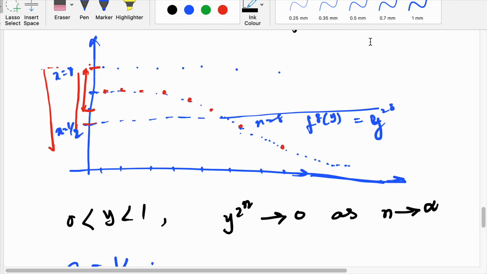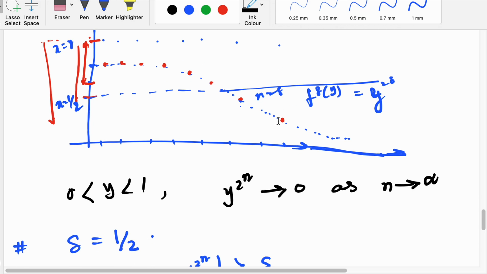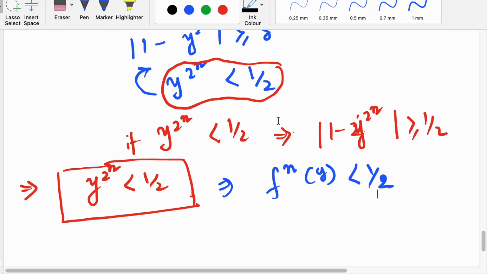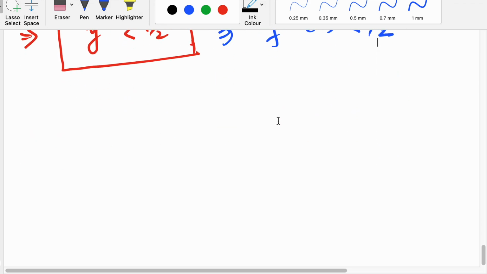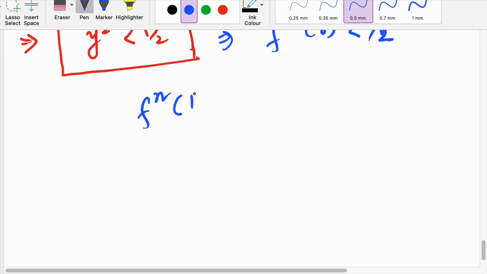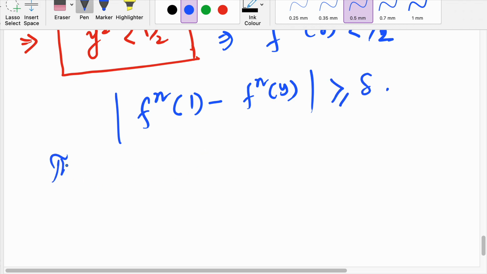So for any interval which contains x equal to 1, there will always be a y, and for it you will find an n which satisfies the sensitivity condition. That means you will always find a y in every interval which contains 1 for which the distance is greater than delta. Thus f is sensitive at x equal to 1.